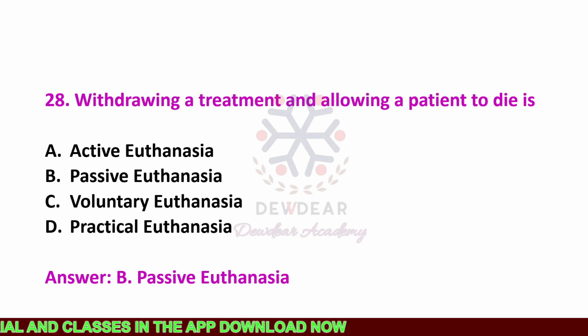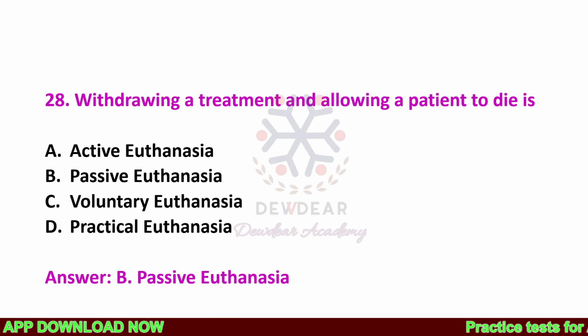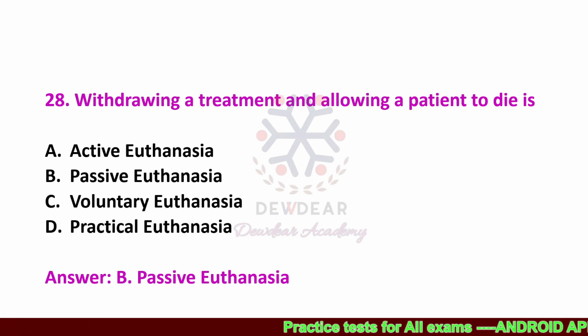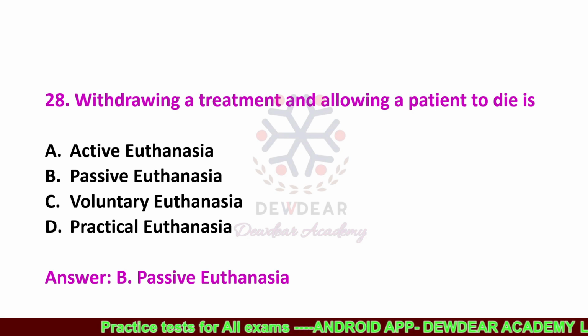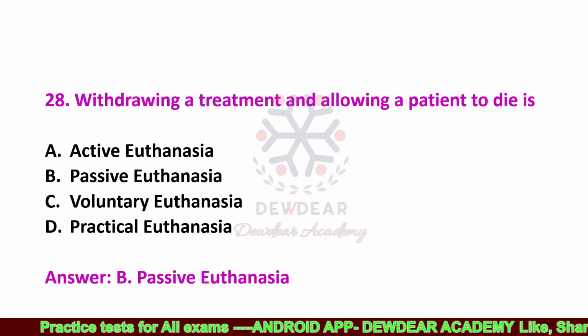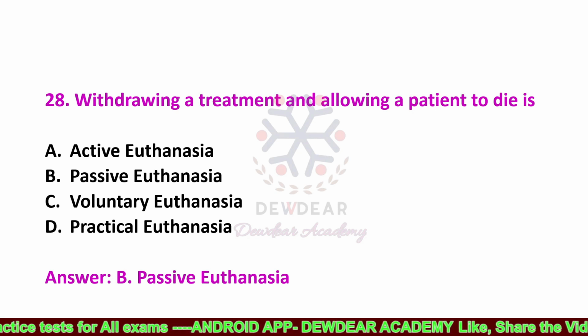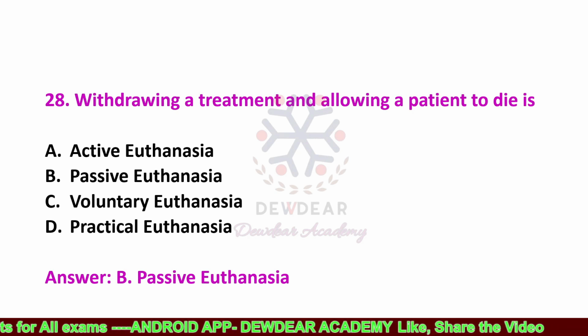But passive euthanasia means intentionally letting a patient to die. That is either by withholding artificial life support or withholding any treatment. So that is withholding or withdrawing a treatment. That is passive euthanasia. So correct answer here is option B, passive euthanasia.